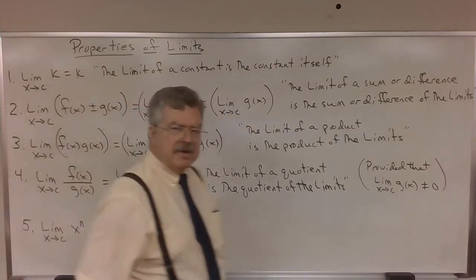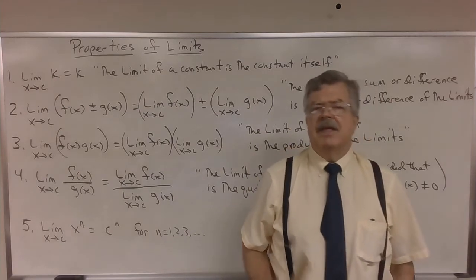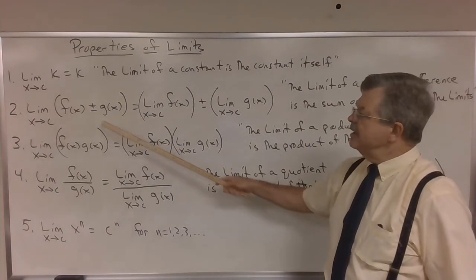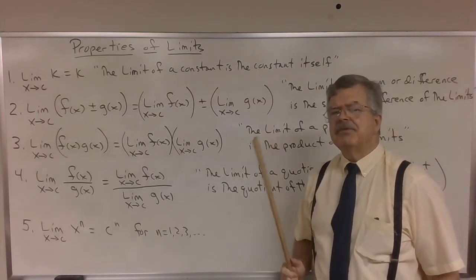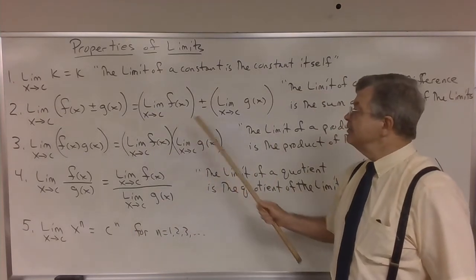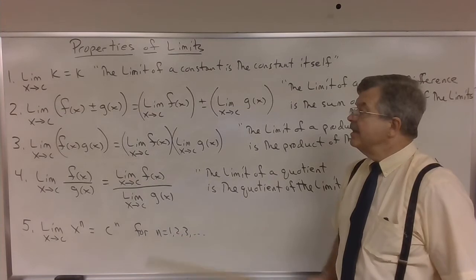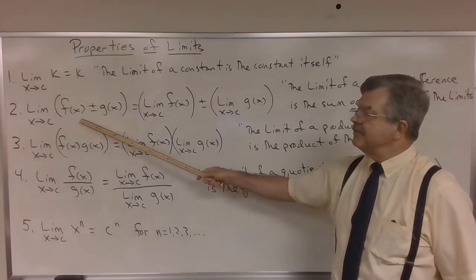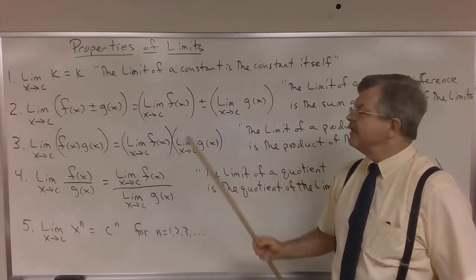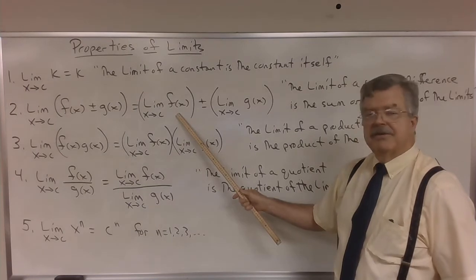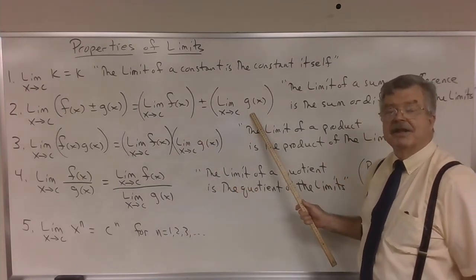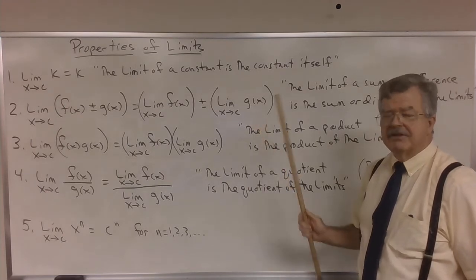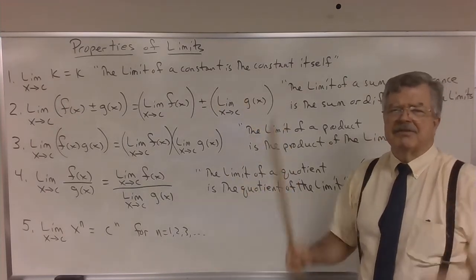And what that really means is that if we're computing the limit of the sum or difference of functions, we can compute that limit one term at a time. So we can compute the limit of the first function, and then compute the limit of the second function, and so on, and then put them together later on.